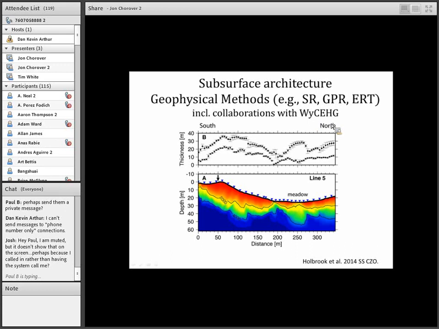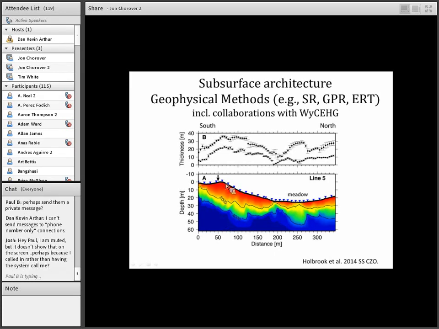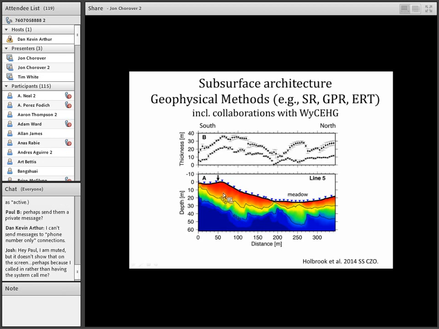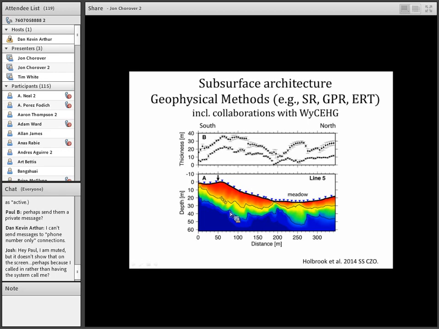So here are some data from the Shale Hills CZO that show depletions. In this case, these are tau plots showing relative chemical depletions or enrichments, in this case of potassium, magnesium, and silicon in boreholes at the Shale Hills Critical Zone Observatory, showing depletion of these lithogenic elements in the near surface going all the way down to 7.5 or 8 meters, which is attributed to the weathering out of that near surface zone of feldspars and illite, and then a return to more like background levels at depth.